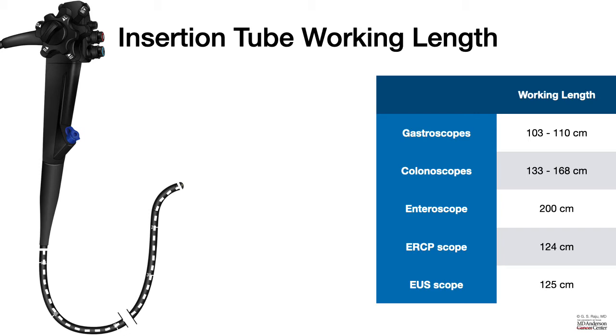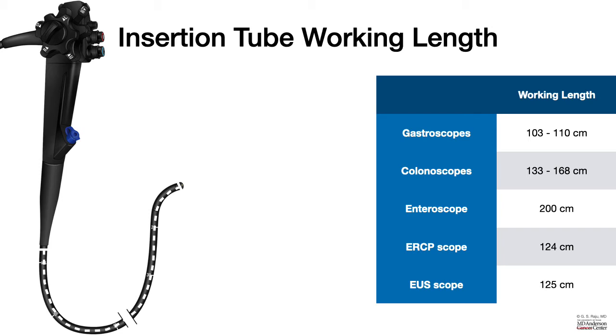Secondly, if you are planning to do an examination of the jejunum, typically we need an enteroscope with about 200 centimeters in length. But if you do not have that instrument in your practice, you could pick up a colonoscope, which is longer than a gastroscope, and you could reach the jejunum and examine the jejunum. So that's why this is important to know the lengths of different scopes.